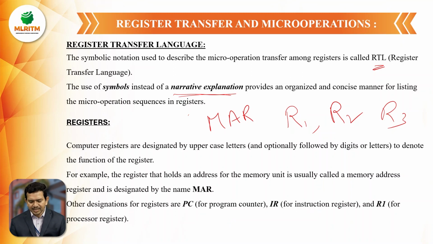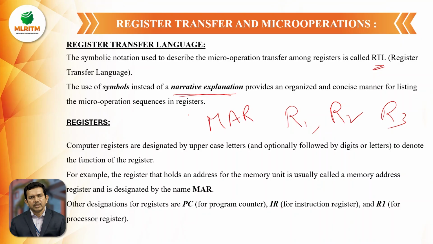Next, the instruction register. If I want to pass some instructions, to what registers should I pass those instructions? Those registers are designated as IR. Right? So in that way, we have different names for each and every register.